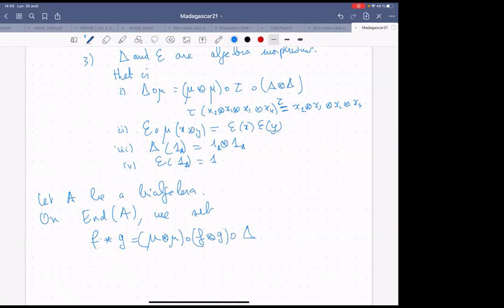This is the product constructed using the multiplication and the co-multiplication.